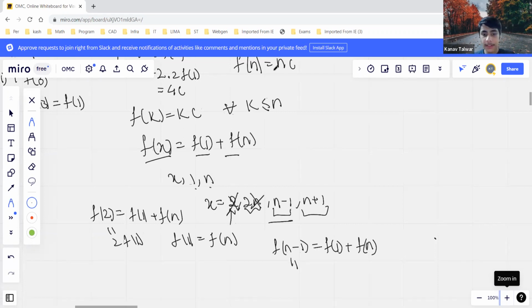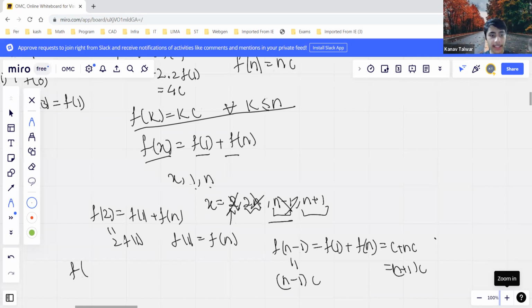Just because of the inductive hypothesis, we have that f of n minus 1 is n minus 1 times c, right? Just because we assumed f of k is equal to kc for all k at most n. And we have that this is equal to c plus nc, equal to n plus 1 times c, which is clearly a contradiction.